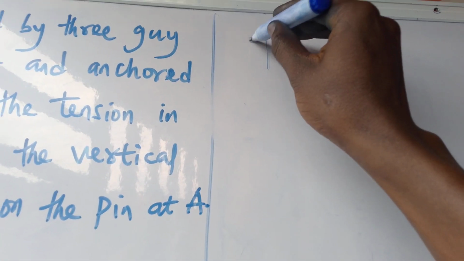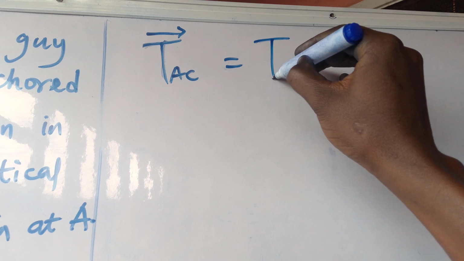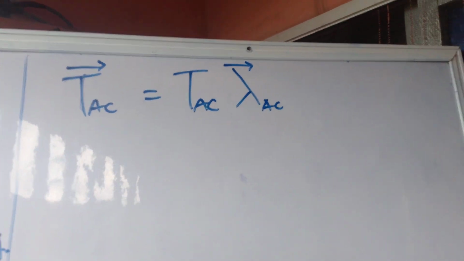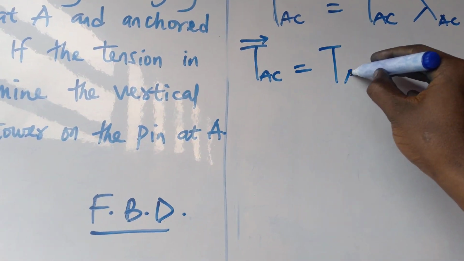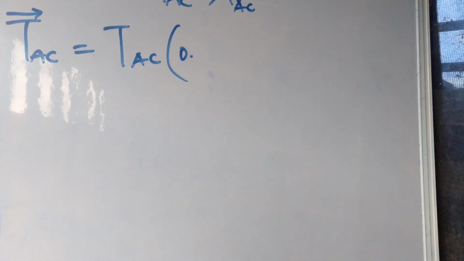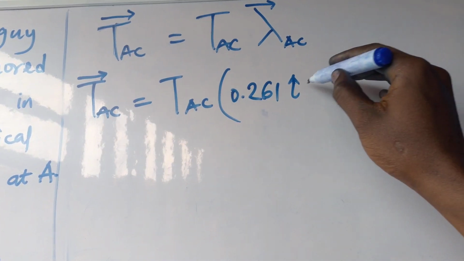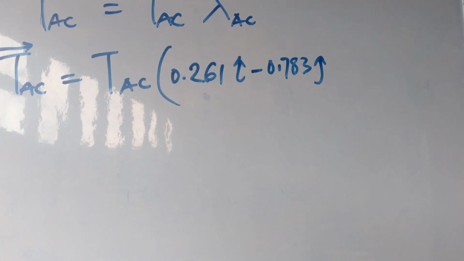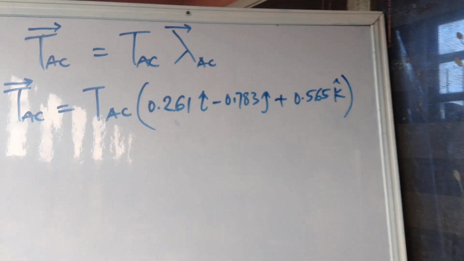So the vector TAC will be equal to TAC times lambda AC. So vector TAC will be TAC times the value of lambda AC. Lambda AC now is 0.261I minus 0.783J plus 0.565K. Okay.